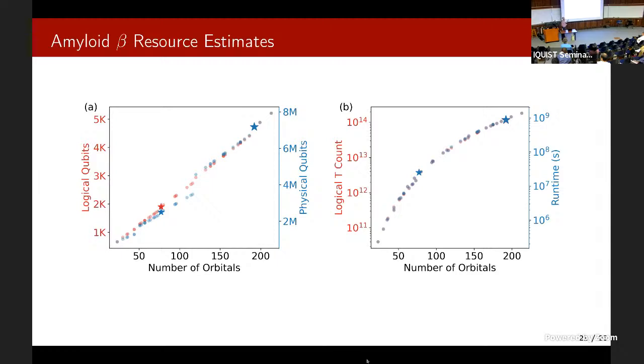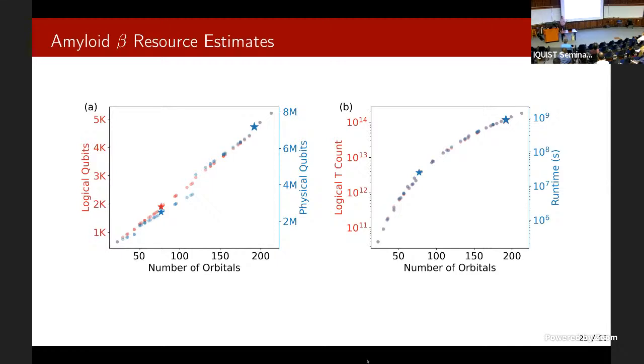So why did we require that? Well, we took a utility first perspective, and we wanted to say, what would be the bound for a quantum computer to be useful? And that's where we started.